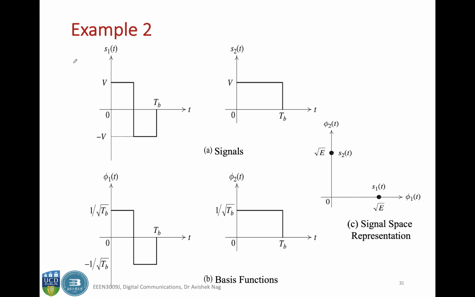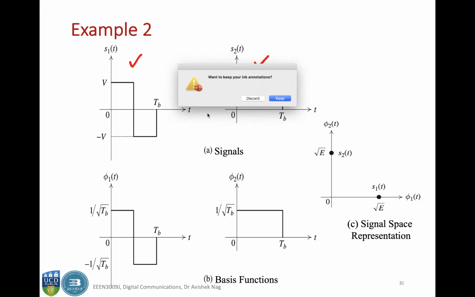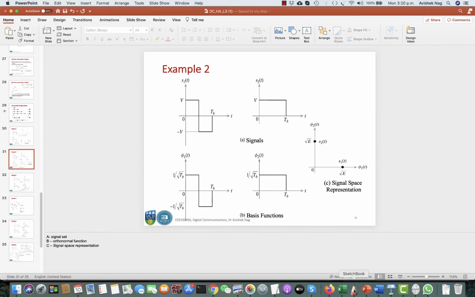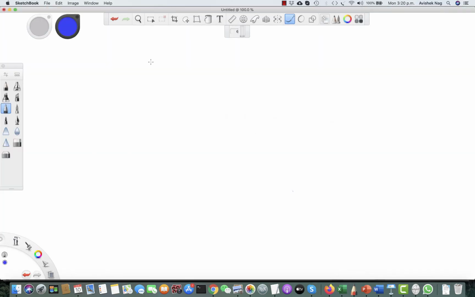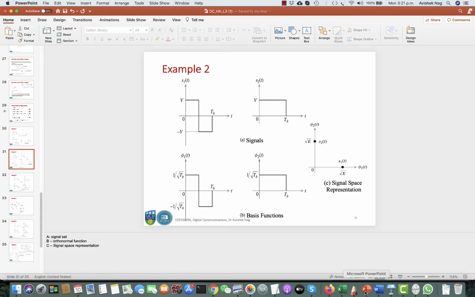Okay. So if you work out similar examples, you can see the same rule applies everywhere. So let's say you have your S1 as this and your S2 as this. I want to calculate phi 1 and phi 2. The answers are given here, but let's work out one more example. I will move to this whiteboard here. Let's say your S1 looks like this. Let me redraw your S1.